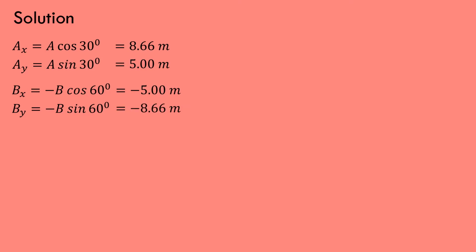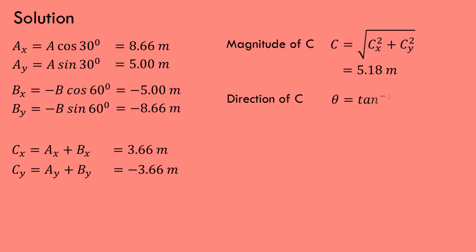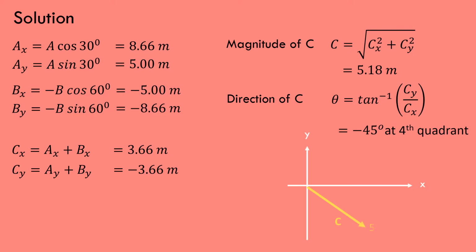We start to solve this problem by determining the x and y components for vectors A and B. Then, add up the x components to find the value for Cx and the y components for Cy. After that, calculate the magnitude and direction of vector C by using the formula. So, we have vector C with magnitude 5.18 meters in the direction of negative 45 degrees in the fourth quadrant.